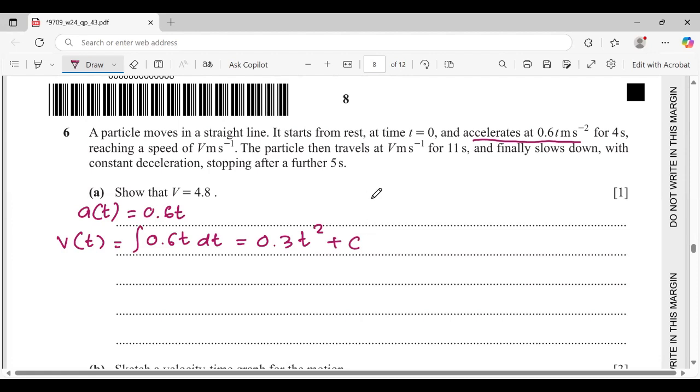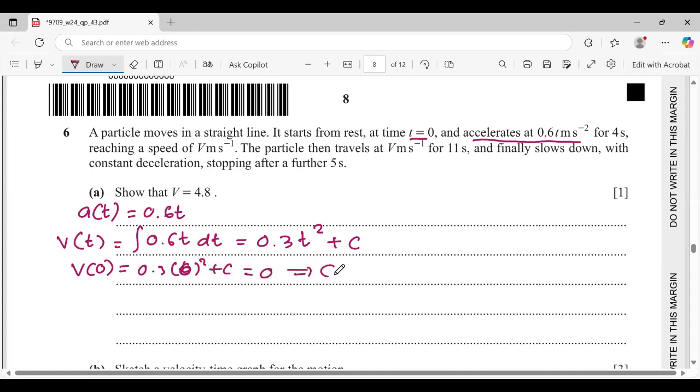And according to this information, the particle starts at t equals 0. So it means when t equals 0, the velocity is 0. So it means 0.3 times 0 squared plus c equals 0.